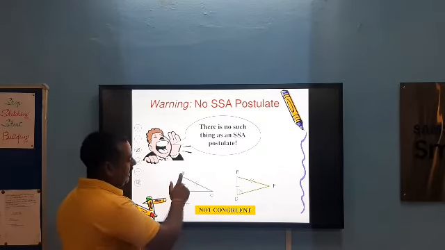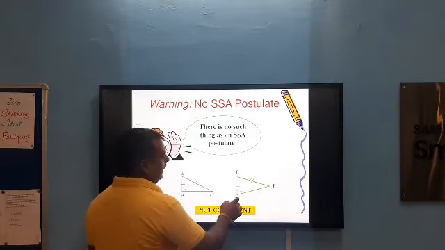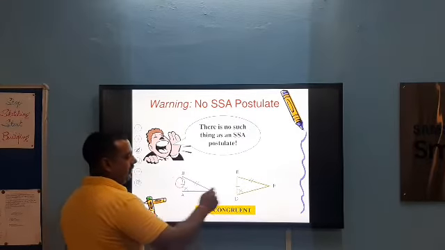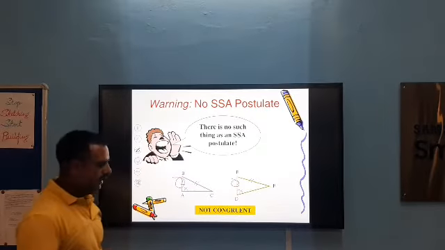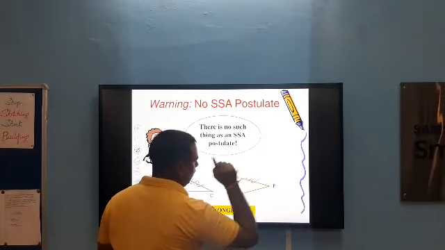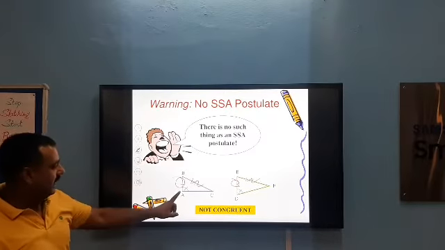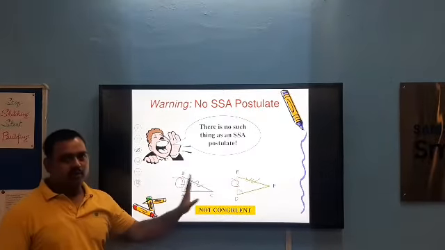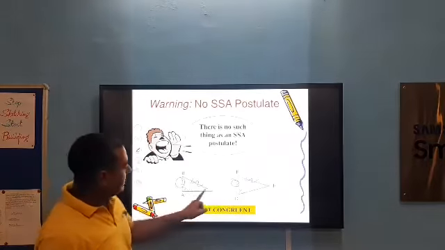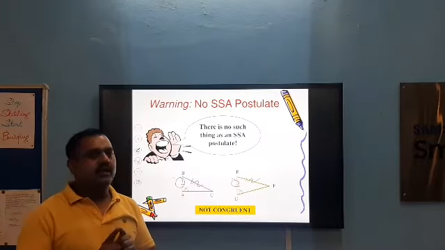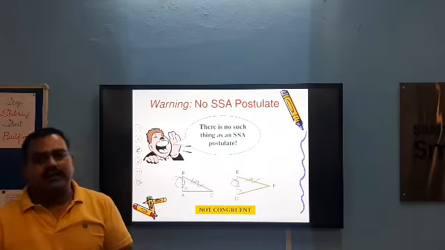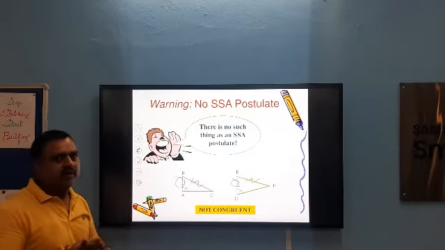Just like triangle ABC and triangle DEF, if we know AB side is equal to DE side, BC side is equal to EF side, and angle A is equal to angle D. Here two sides are equal and one angle is equal. But the angle which is equal is not the included angle. So these two triangles may not be congruent.